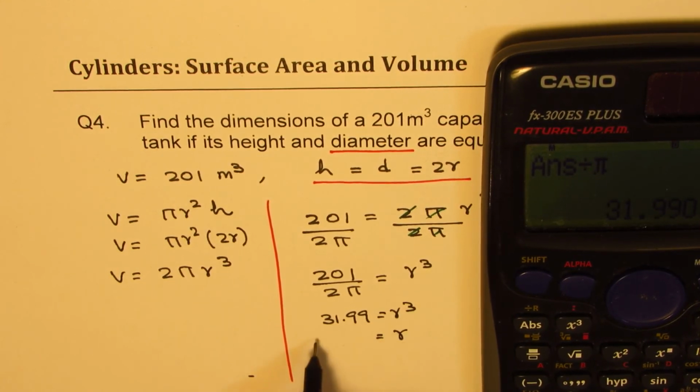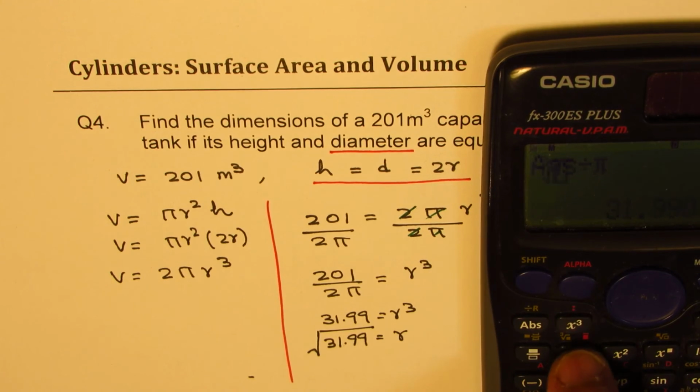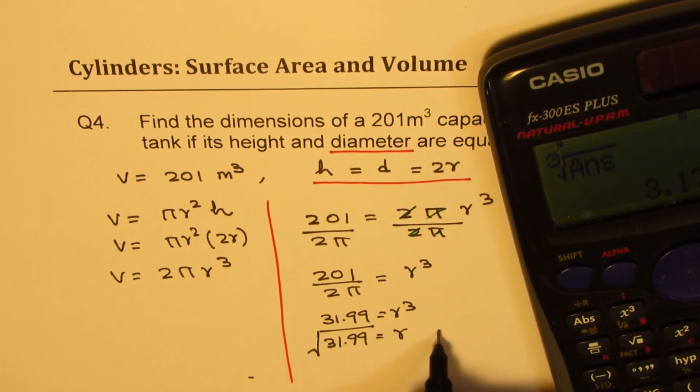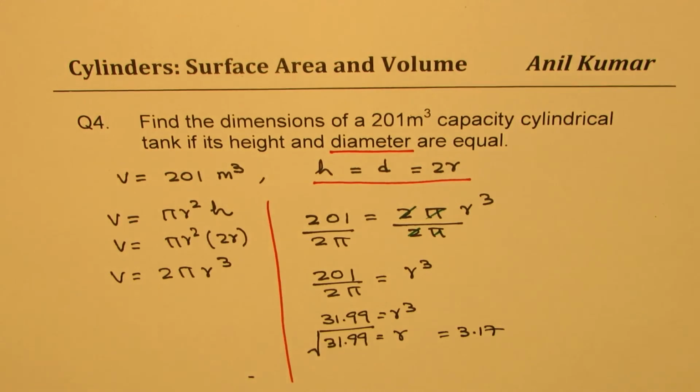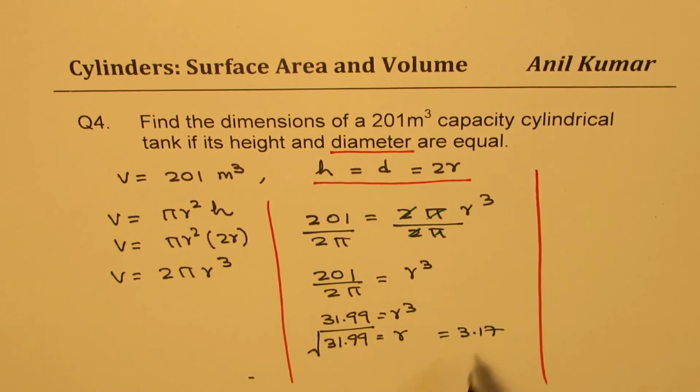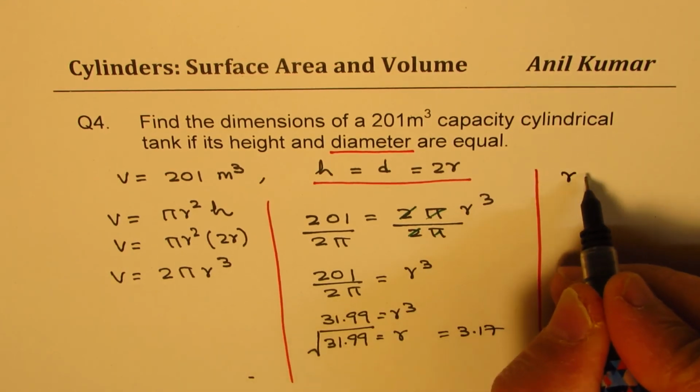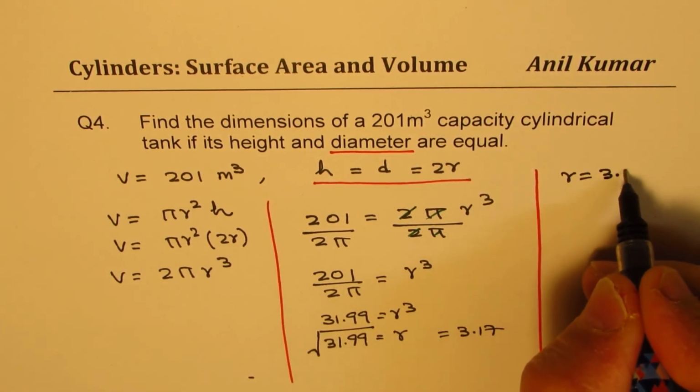To find the value of r, we'll do cube root of 31.99. I do have cube root on my calculator, so I'll do cube root of this number and I get 3.17 as my result. Almost equivalent to pi. So the value of radius is 3.17. So we get r equals, you can write, 3.2.